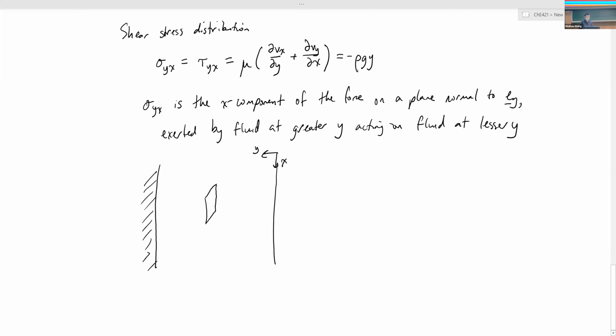And so what this means is that the shear stress exactly counterbalances the weight of the fluid closer to the air, right? Isn't that kind of cool how that exactly works itself out?